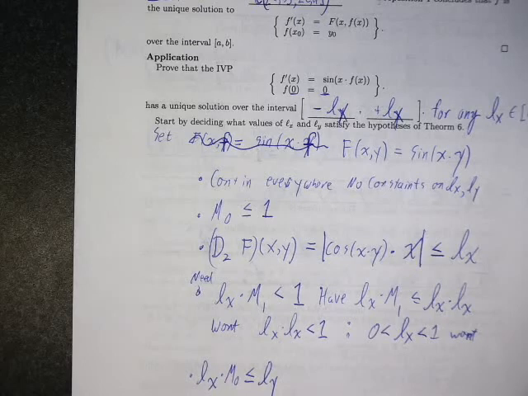You need to find a fixed point for a contraction mapping. Do you guys remember how the proof of the existence of fixed points for contraction mappings went? Oh, yeah.